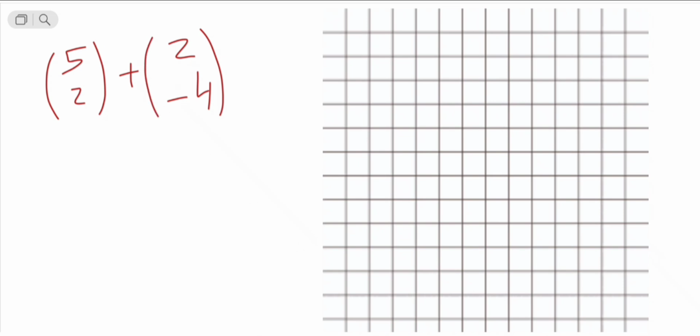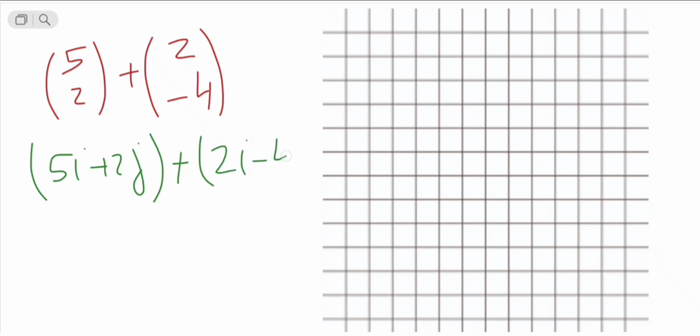Okay, you are going to add, it is like that. Sometimes it is written like that, no problem, same. For example, 5i plus 2j plus 2i minus 4j. This is written in an ij way, or this is written in a column way, no problem, both are same. Okay, add both vectors.